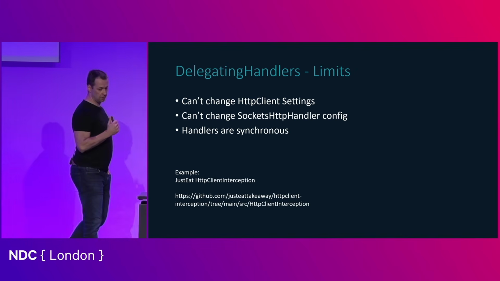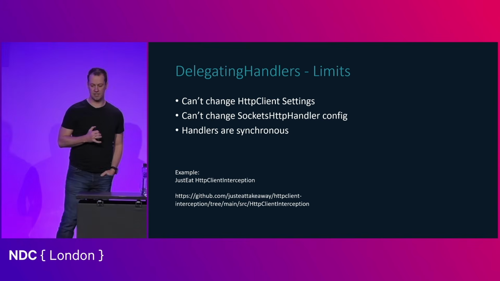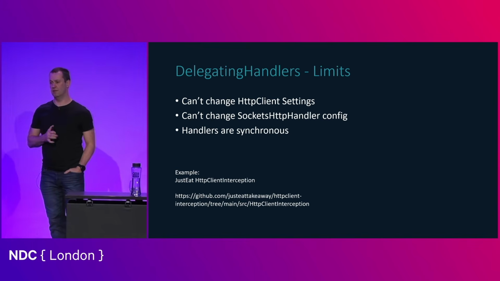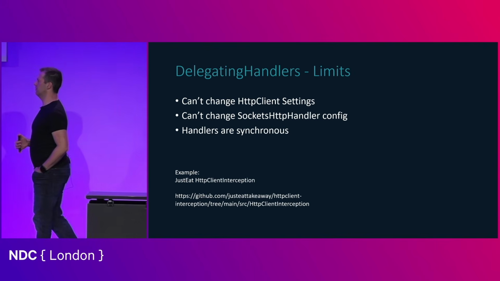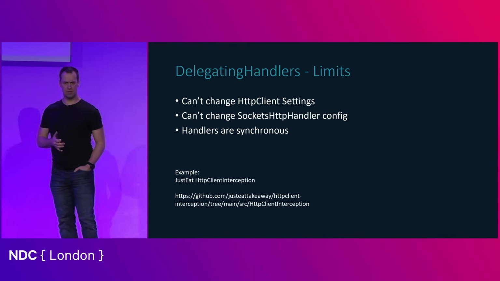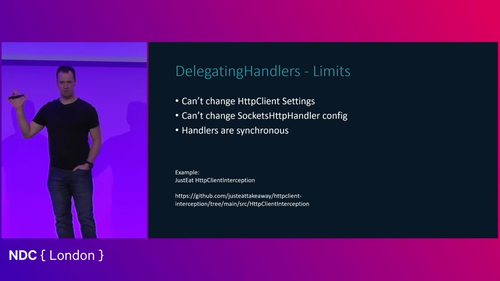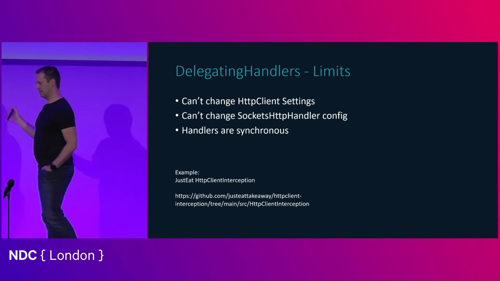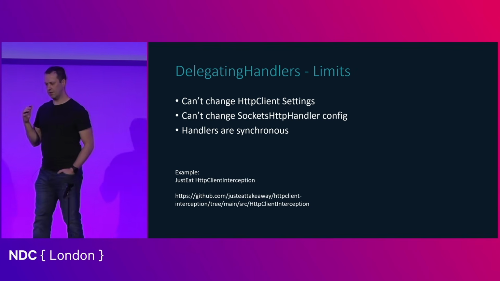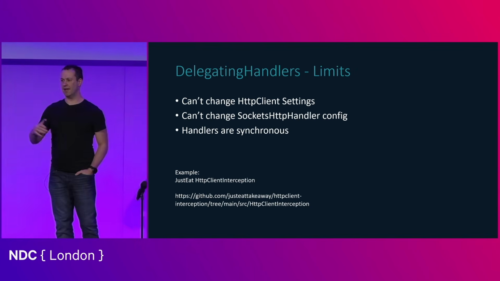A great example of one, if you're looking for a public example of a delegating handler, is in the Just Eat code. Just Eat or Takeaway or whatever it's called here. I know in most of the world it's Just Eat, in Belgium it's called Takeaway. They have a lot of open source stuff, which is really interesting to go watch. They have an HttpClient interceptor so that if they are running their system in test mode, they are not making the actual calls.